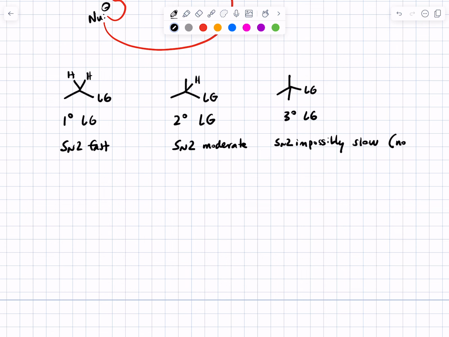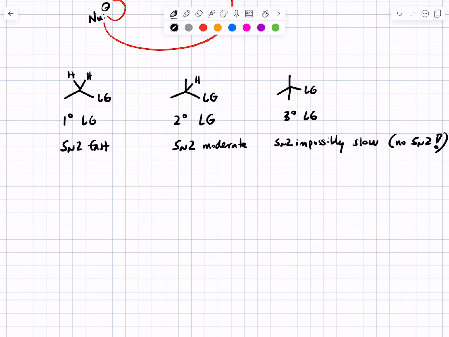In other words, if the leaving group is tertiary, there is no SN2. The reason for that has to do with sterics. We will look at a space-filling model, but you can imagine that the more non-hydrogen things you have, the more difficult it is for the nucleophile to access the sigma star.